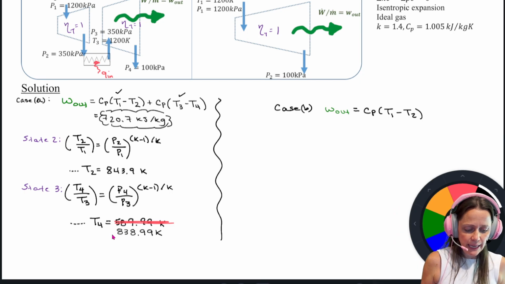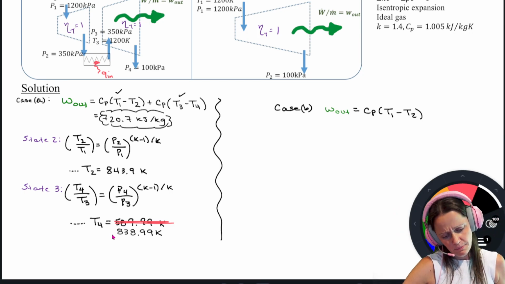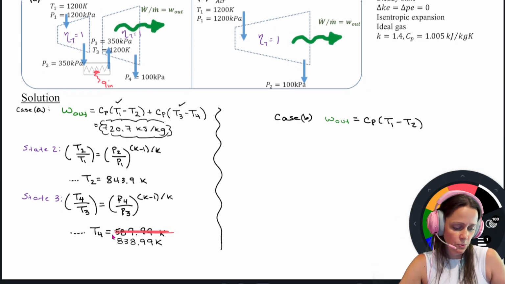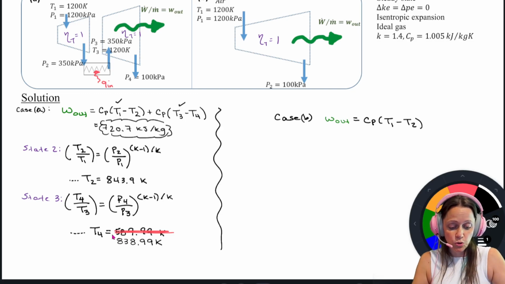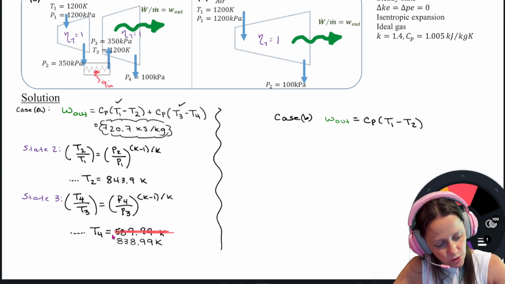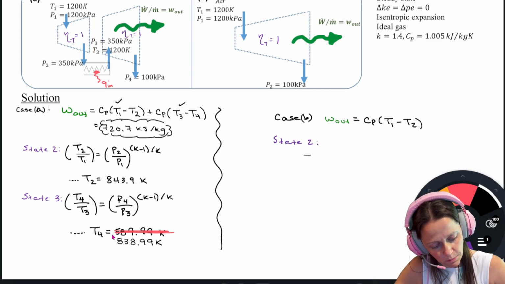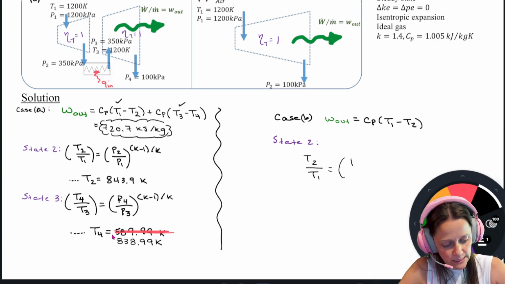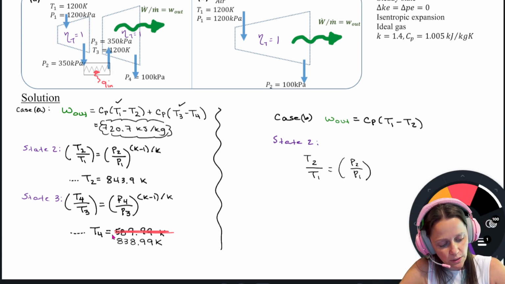And then we look at case B, the work output for this one. So, all right, well, T2 is going to be different now because we're looking at a different pressure ratio. So if I look at state 2, T2 over T1, T1's 1200, and it's going to be P2 over P1 to the (k minus 1) over k.